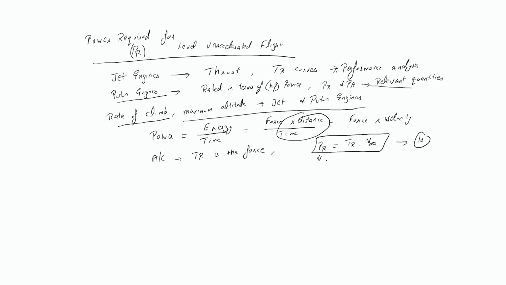Now let us start doing the graphical approach like we did for thrust. Again here we are interested in the curves, that is power versus velocity. The graphical plot of power required versus velocity for a given aircraft at a given altitude.